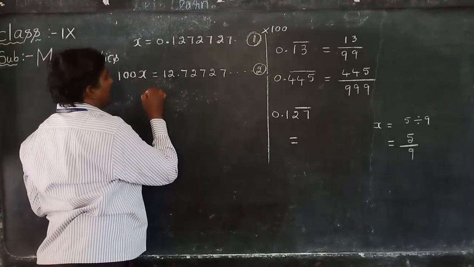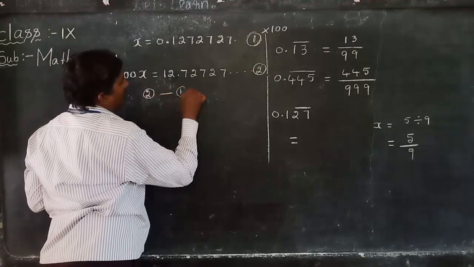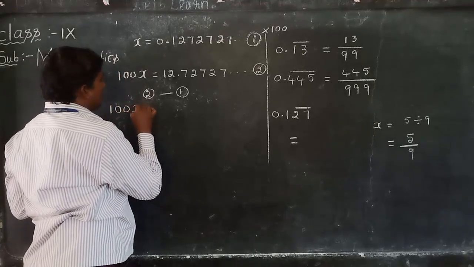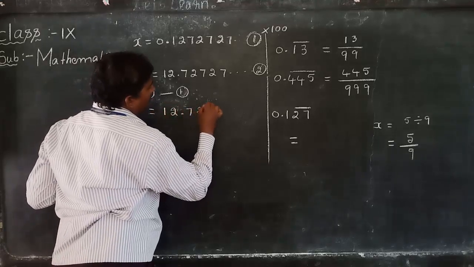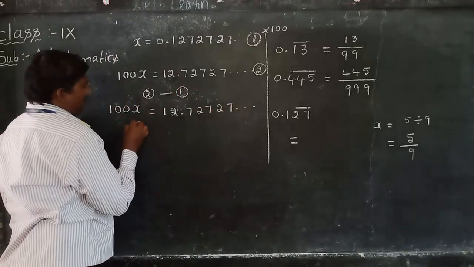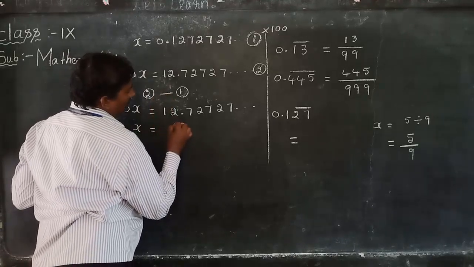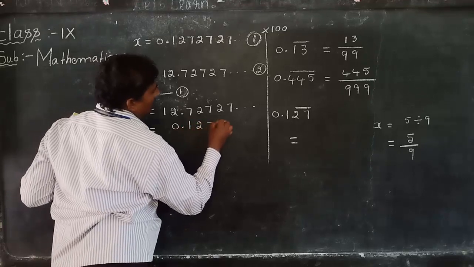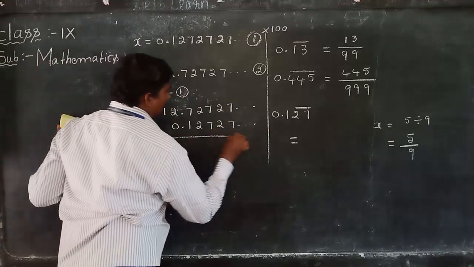We should subtract equation 1 from equation number 2, then we will get the answer. 100x is equal to 12.727 and so on. Equation number 1, x is equal to 0.12727 and so on. We will do subtraction here.